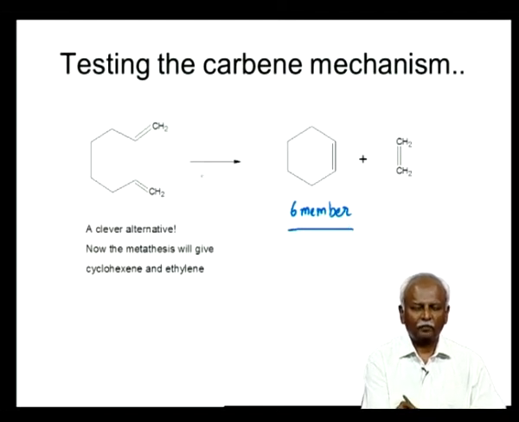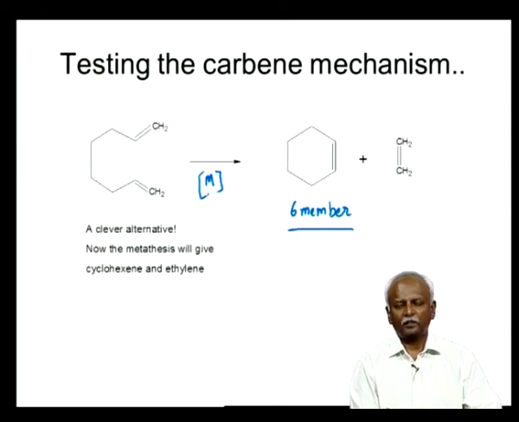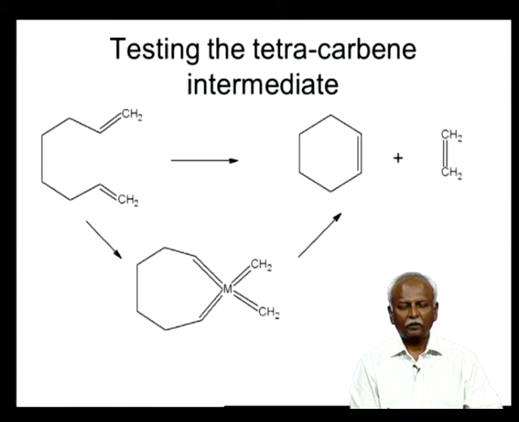So, if you have a metathesis catalyst, you get only the cyclohexene and ethylene. Now, if you have a tetracarbene that is formed, one can understand the formation of an intermediate, which is pictured here, and this tetracarbene can now decompose to give you these 2 products.